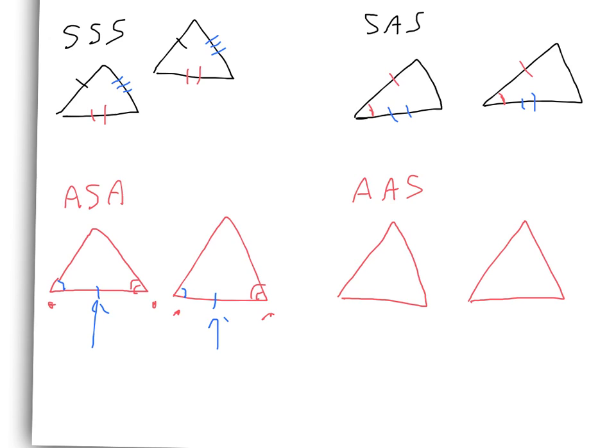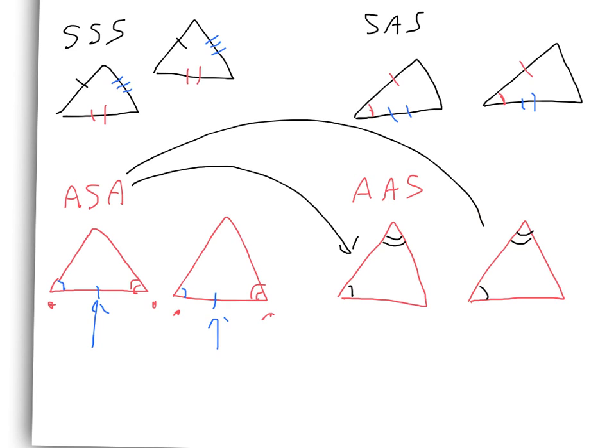Okay, so for example, let's say you had two sets of congruent angles here, and these guys. Okay, well in ASA, you would want this side to be congruent.